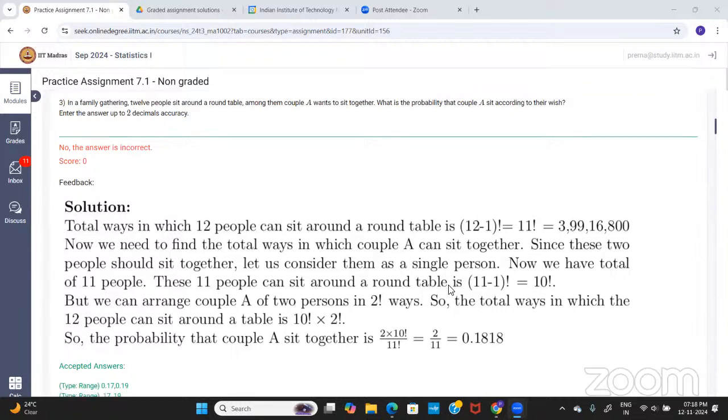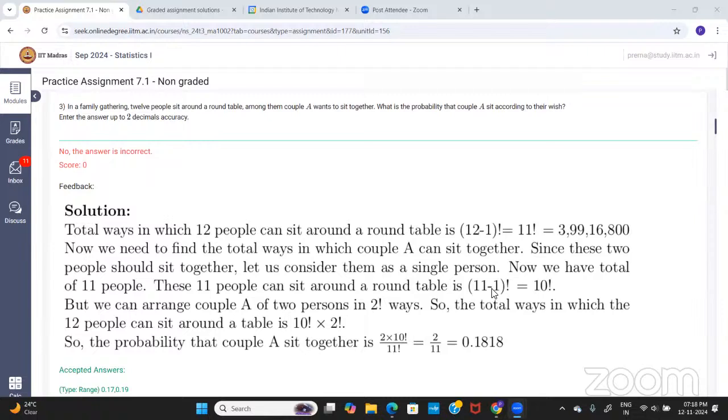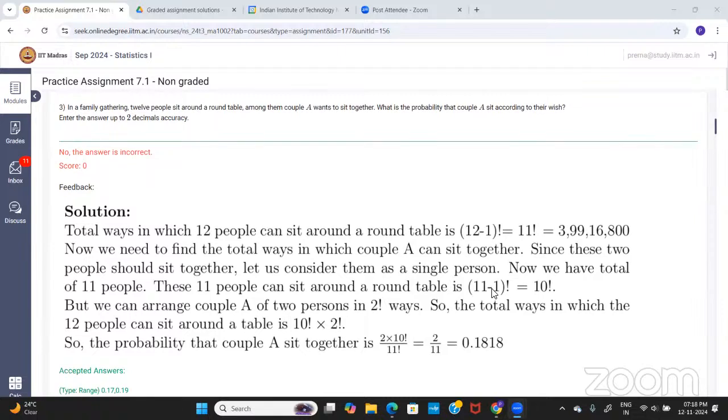No, see, ma'am, it will give you the number of arrangements. The seats will be 12 only. So this 11 minus 1 is the arrangement. It's giving you the number of arrangements. Okay, that's fine.